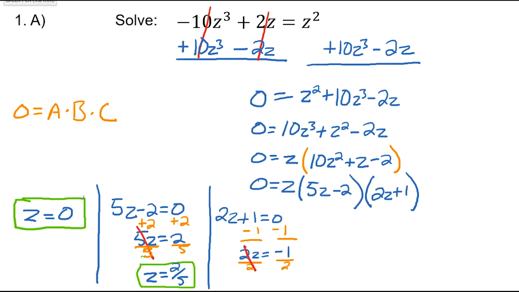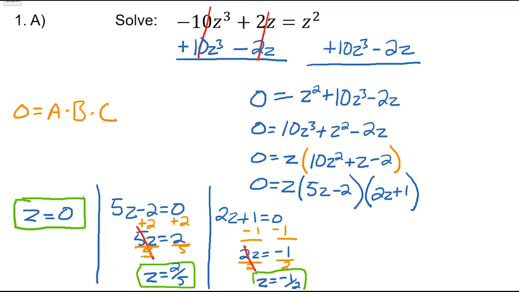These will cancel out, and finally the result is z is equal to negative 1/2. All right, and that gives us our third solution.